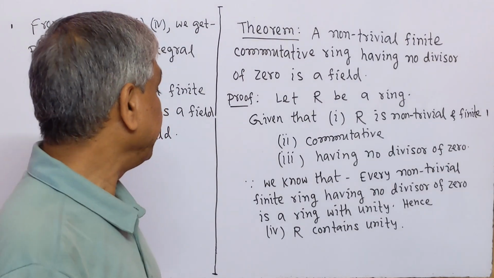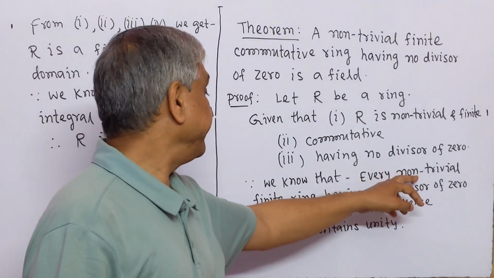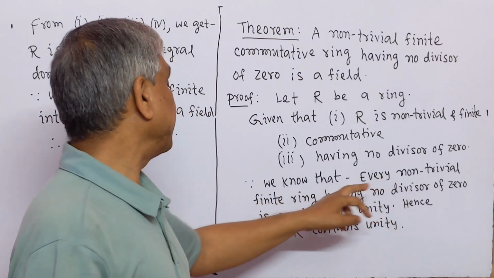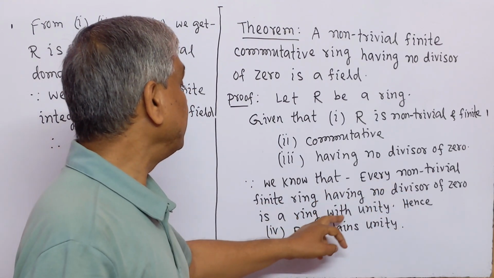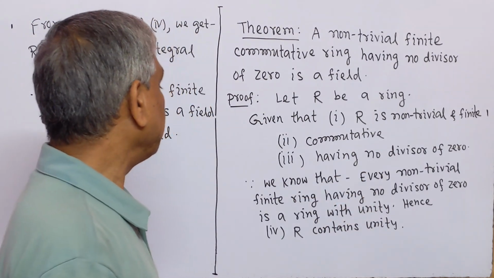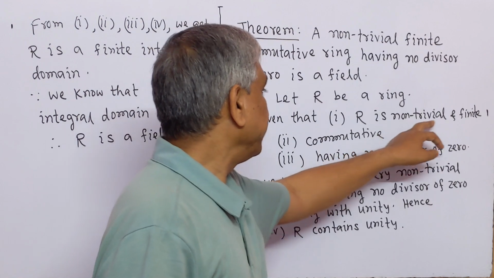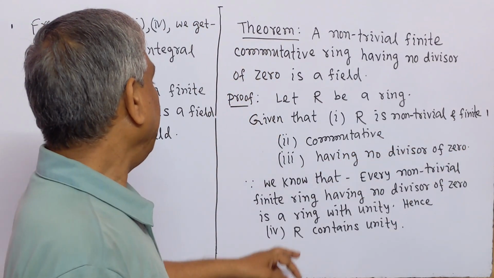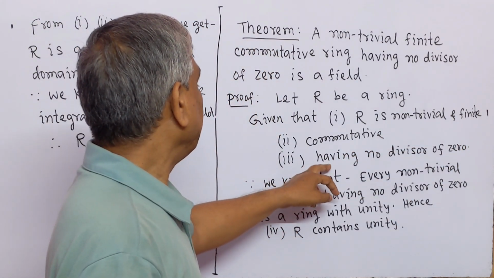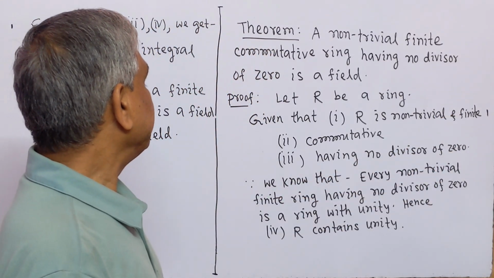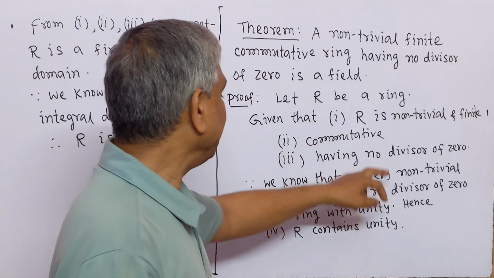Since we know that every non-trivial finite ring having no divisor of 0 is a ring with unity, here we see that R is non-trivial and finite and having no divisor of 0. Therefore, this R contains unity.